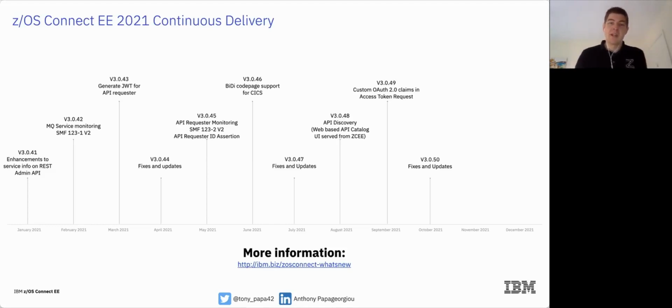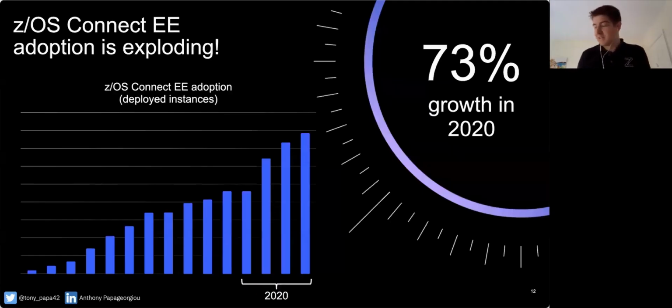So the upshot of that is that the adoption of z/OS Connect is exploding, and we saw something very interesting in 2020. We saw this massive spike where suddenly a lot more instances were getting deployed. We had a lot more customers, and we saw 73% growth in deployment in that year alone.